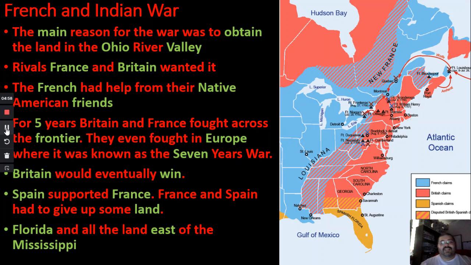Now, here's the thing though. For 5 years, these guys fought in that wilderness area. Everywhere you see that blue and reddish lines, that's territory where they fought. They tried to control it. They wanted that land. The fighting, believe it or not, even spread back to the old country.